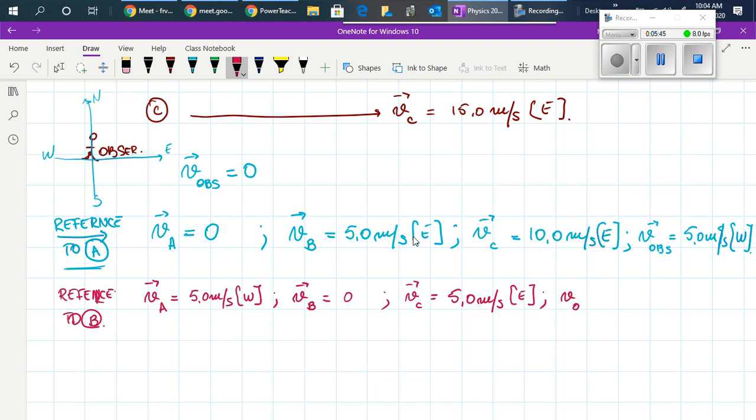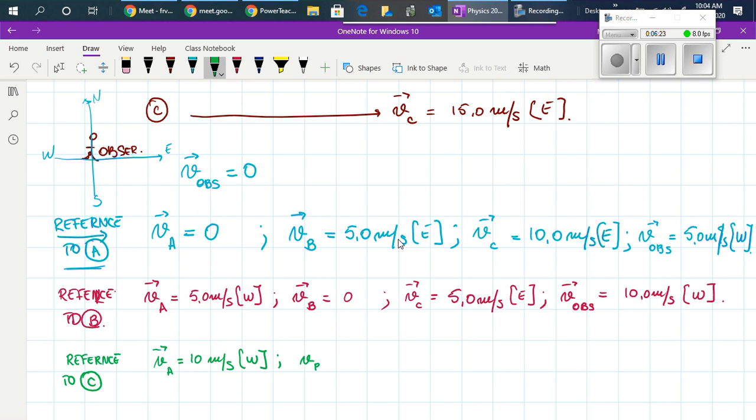And the velocity of the observer in reference to object B will be 10 meters per second going west. Good. Now let's see what is happening in reference to object C. What is the velocity of object A in this case? 10 meters per second going west.